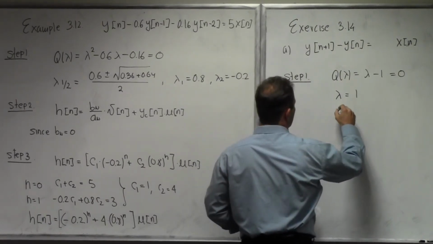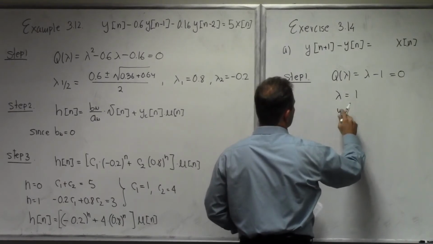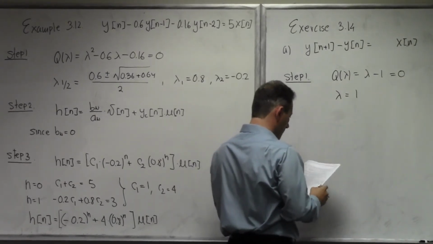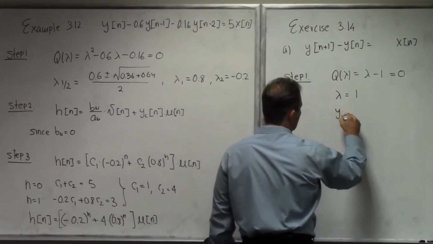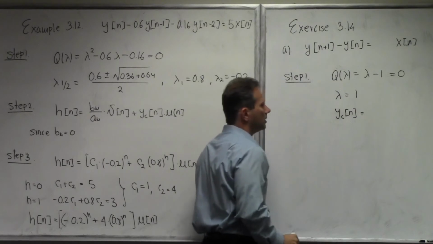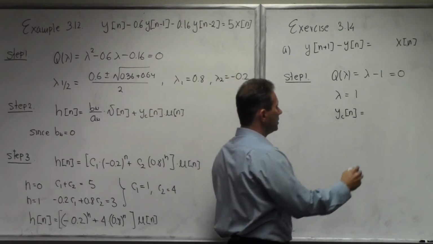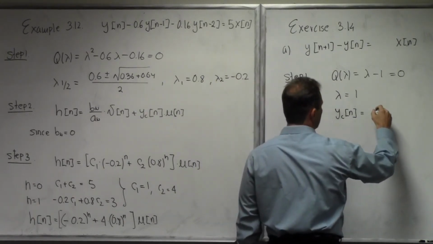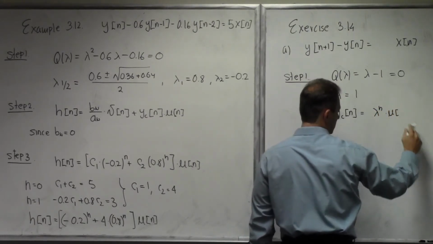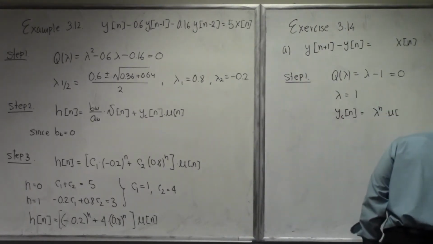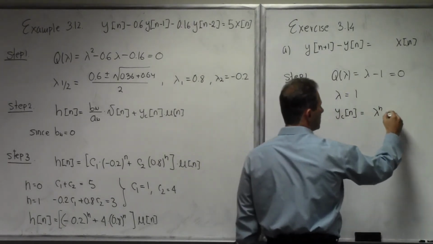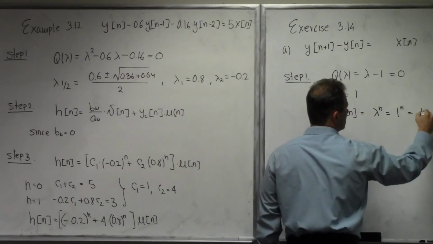So now we get y_c of n, which is now formed as just characteristic modes here, becomes lambda to the n times u of n, or essentially it becomes 1 to the n, which is just 1.